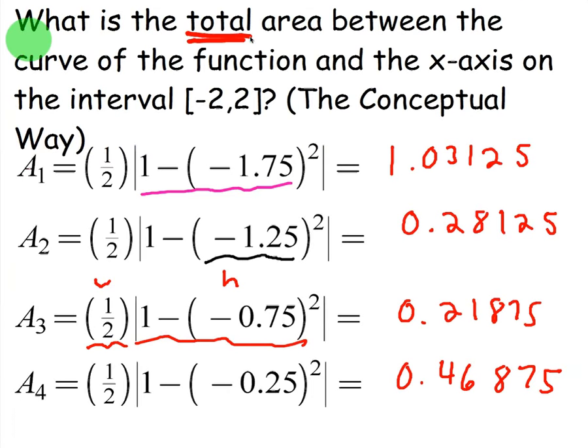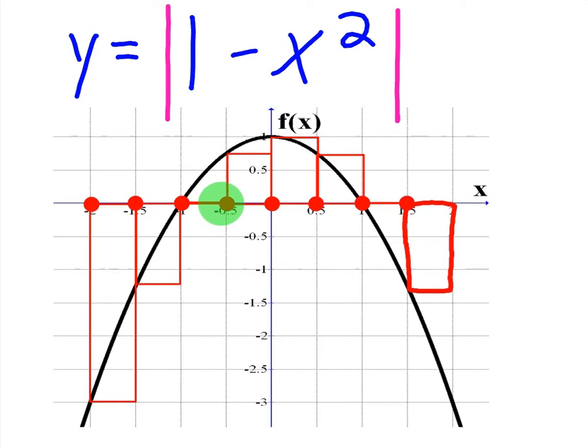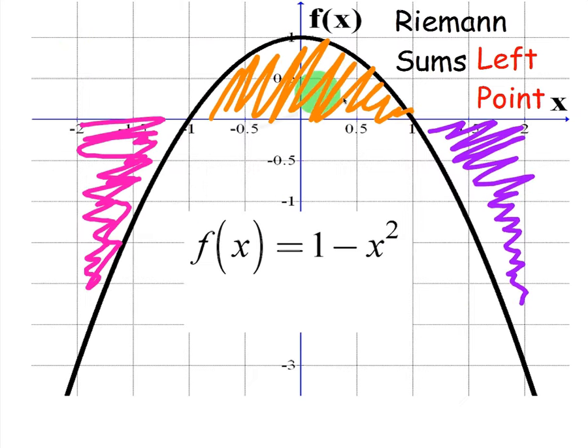When we go to approximate the definite integral, we will be talking about net area, but for right now, I think it's easier to understand that all of these rectangles are going to have positive values, and therefore we will be finding the total area between this graph and the x-axis, not the net area.